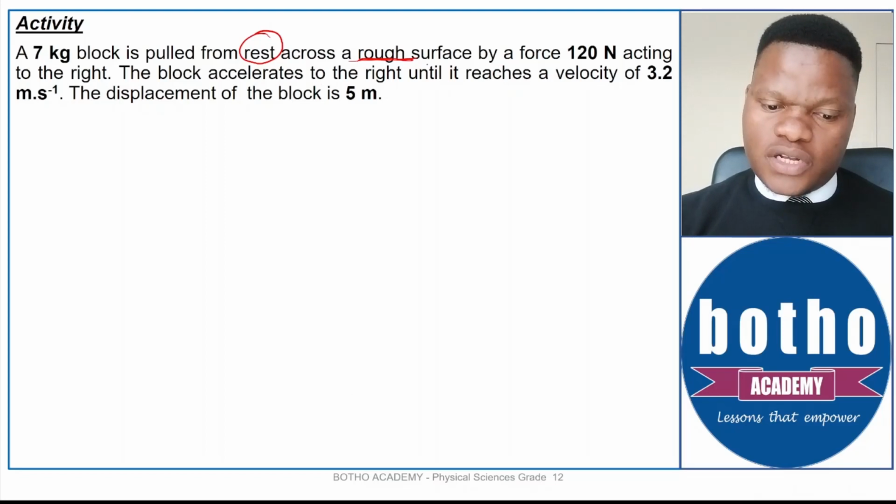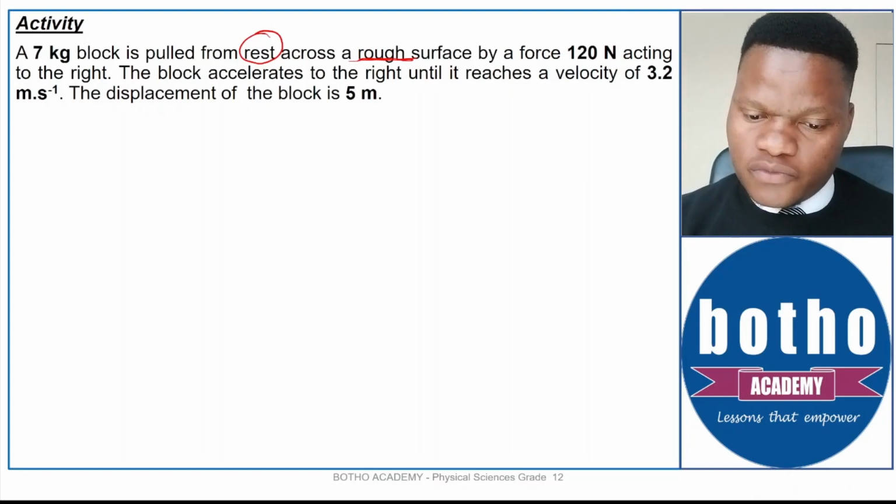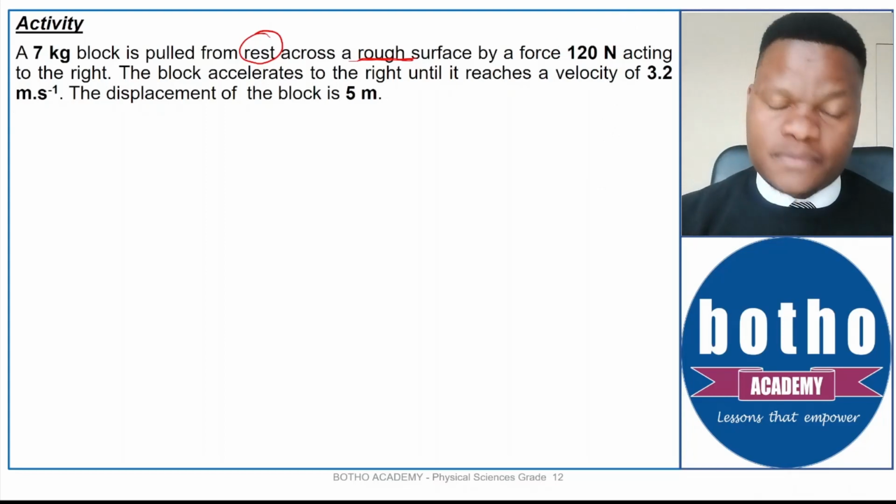Okay, so it's pulled to the right from rest across a rough surface by a 120 newton force acting to the right. Okay, there's the word force missing there. The block accelerates to the right until it reaches a velocity of 3,2 meters per second.